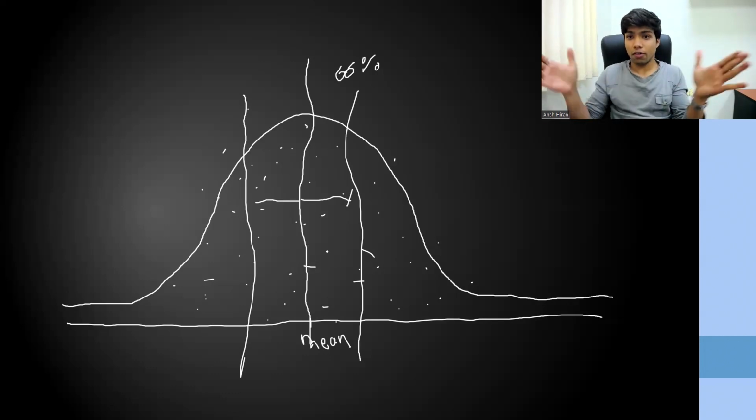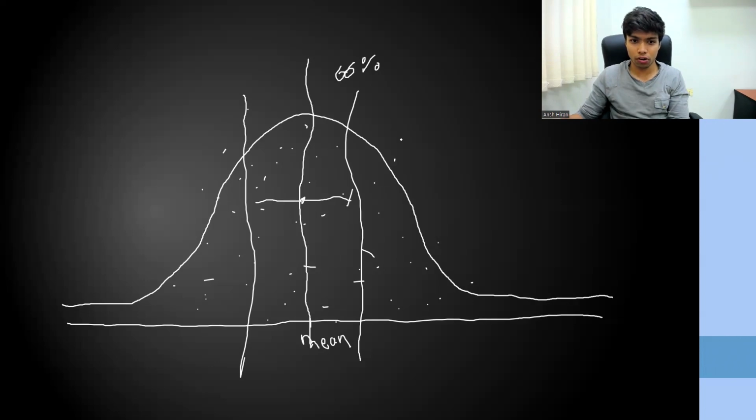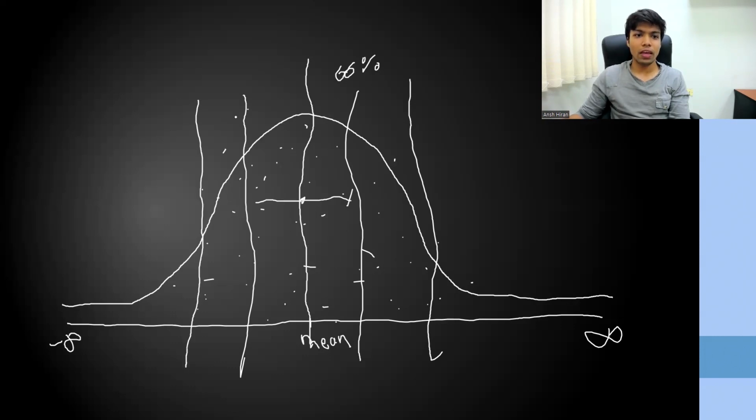If you go two steps away, or two standard deviations away from your mean, somewhere over here on the positive side, this is infinity, this is minus infinity, you will be able to capture in this entire block, I think 95% of the data.